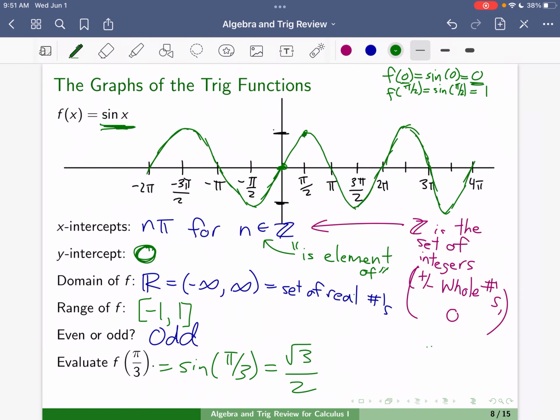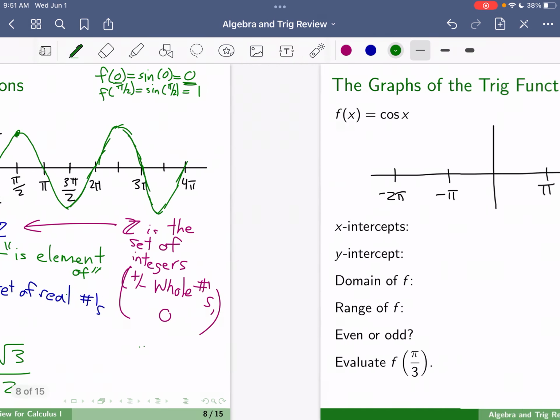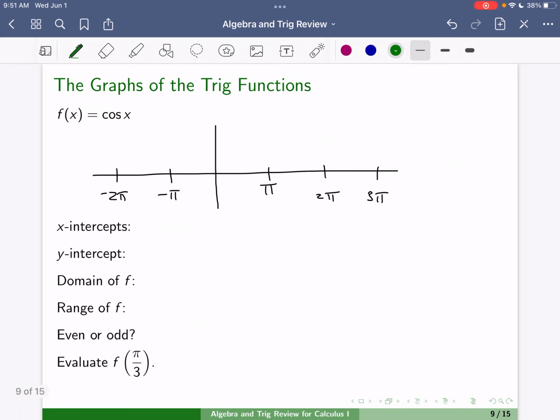The graph of cosine looks similar. It's related, very similar, but not the same. So with cosine, when we plug in cosine of 0, we should be at a value of 1. At pi over 2, we should be at 0.